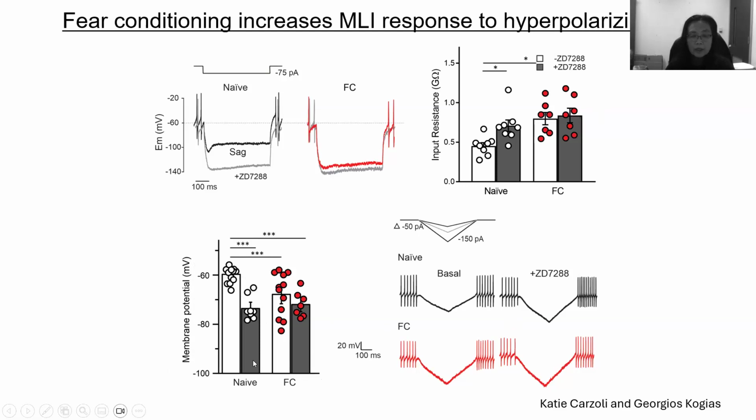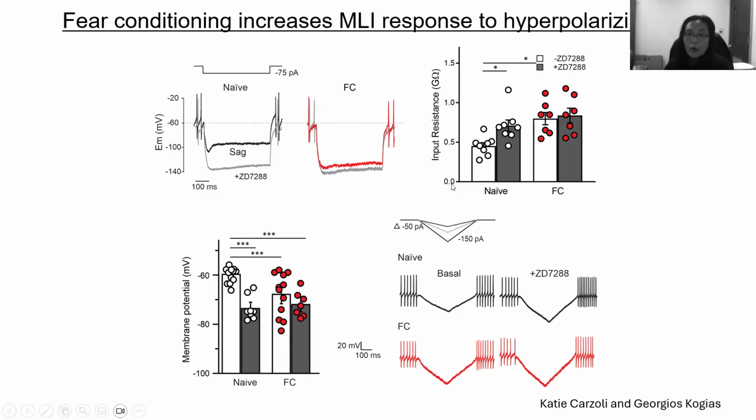And inhibition of IH currents also causes a hyperpolarizing shift in the resting membrane potential in naive, but not after fear conditioning. So these experiments suggest fear conditioning indeed changes the passive membrane properties of the stellate cells.